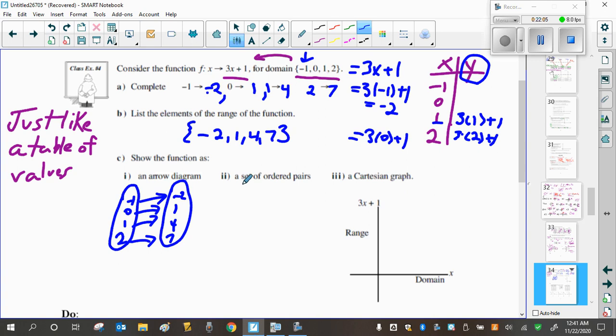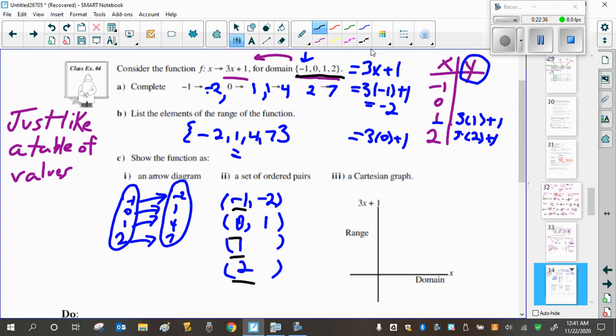Set of ordered pairs, well, that's what we know. So -1, -2. Then 0, 1. And 1, 4. And 2, 7. So these numbers here are my x's, and the y's are what I get over here as an output.